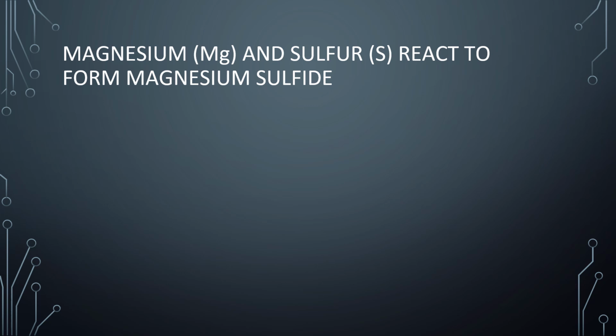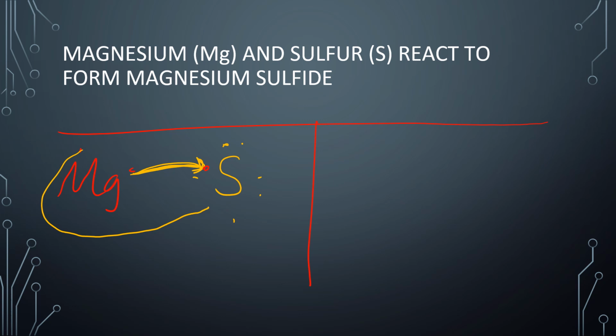Magnesium and sulfur react to form magnesium sulfide. We'll do the same thing that we did. Magnesium has 2 dots. Sulfur has a total of 6. Sulfur is more electronegative, so it's going to steal one of these electrons. Including that red one there, it has a total of 7, so it's going to steal another one over here.